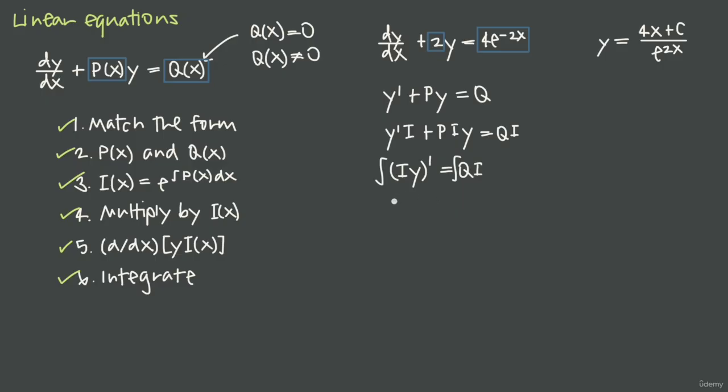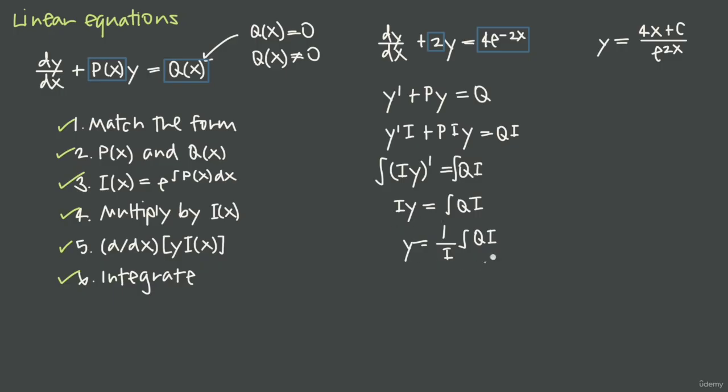So we get rid of those two things and we just have y on the left set equal to the integral of qI on the right. Now we can solve this for y by dividing through by I, and we get y is equal to 1 divided by the function I multiplied by the integral of q times I.